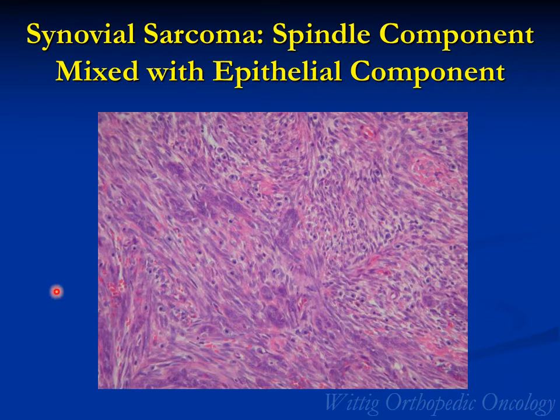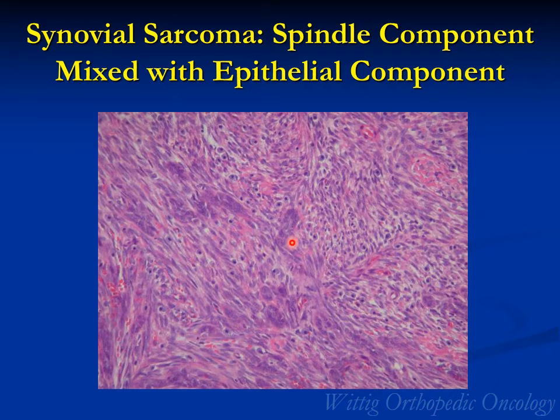This is showing you a histological slide of a biphasic synovial sarcoma where you see the spindle cell component mixed with the epithelial component. It's very important to look at these slides very closely, particularly on your exams. So what you see here are the spindle cell component. You see these fibers and the spindle cells go in different directions with cigar-shaped nuclei, and then when cut transversely, the nuclei look much more circular in nature.